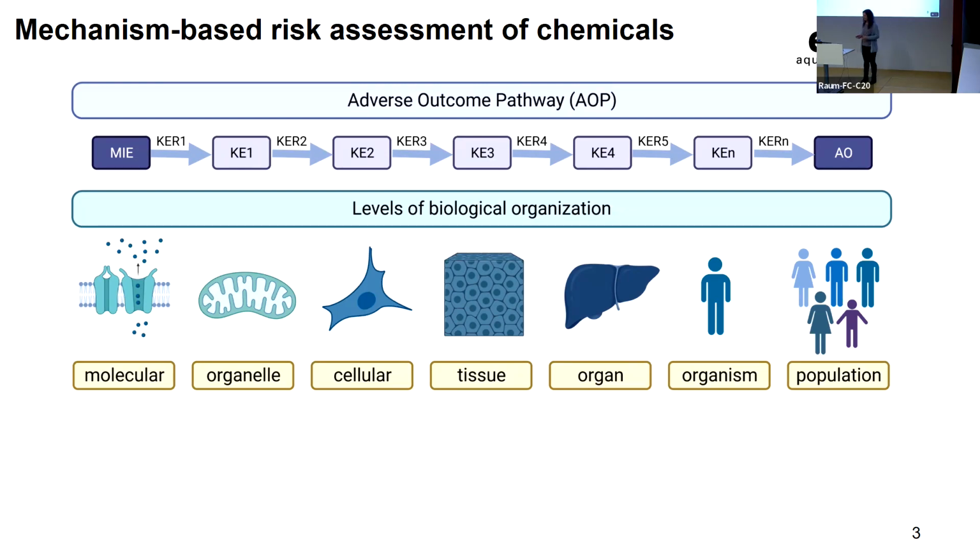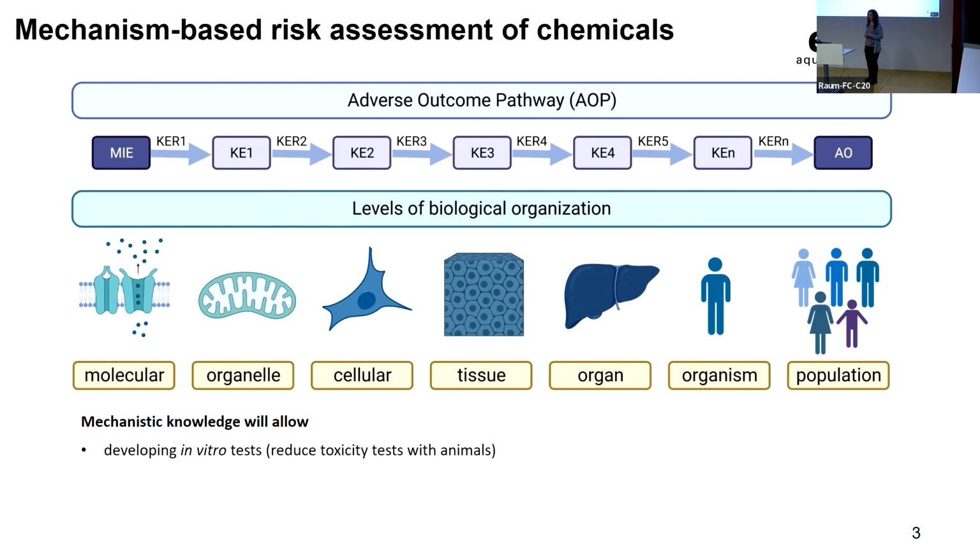So this means if we know which molecular events lead to an adverse outcome, we can then design tests to measure such molecular events in vitro, and then can predict whole animal responses without performing the animal experiment.